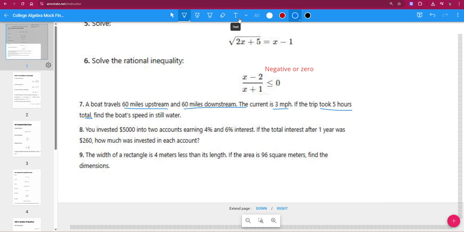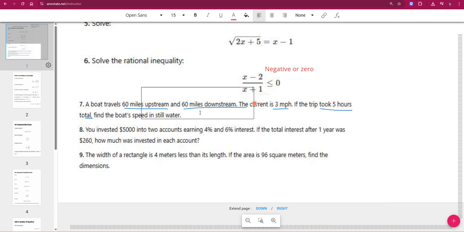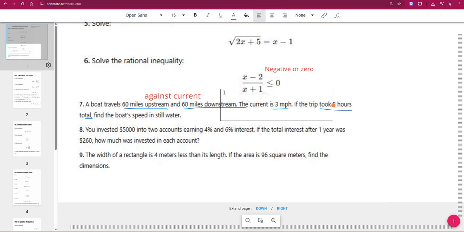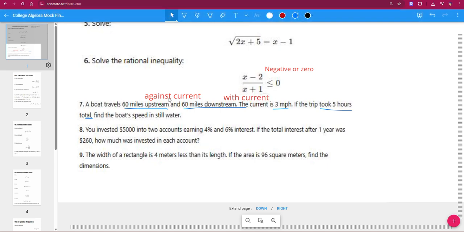So, one thing I need to note here is that upstream is against the current. Upstream means you're going against the current, and downstream means you're going with the current, so it's helping you. If the current is 3 miles per hour, what we're looking for is the boat speed in still water.